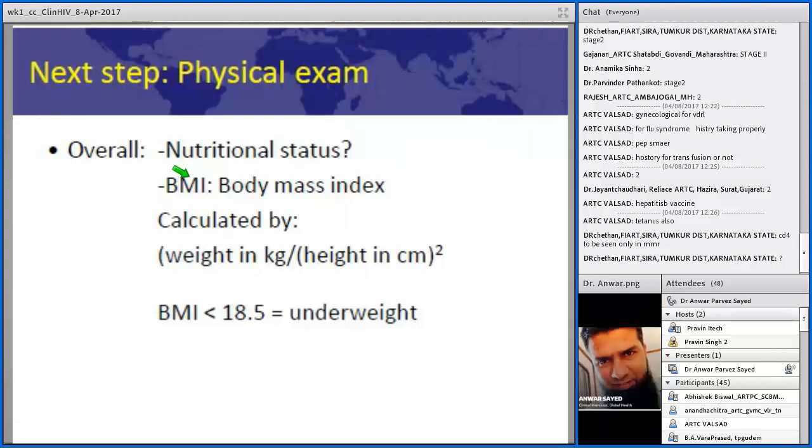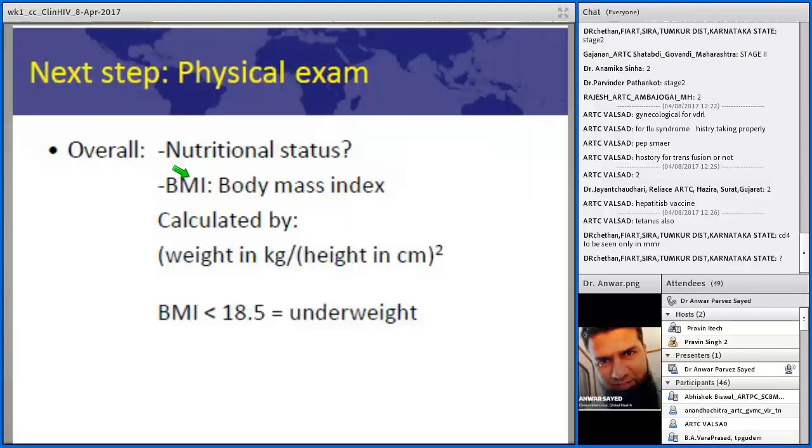If we look at it again, what I explained just now is our Indian system, what we do. In the US, they follow this, and this is also a good way to do. There is another format called the SOAP format, in which SOAP stands for subjective, objective, assessment and planning.